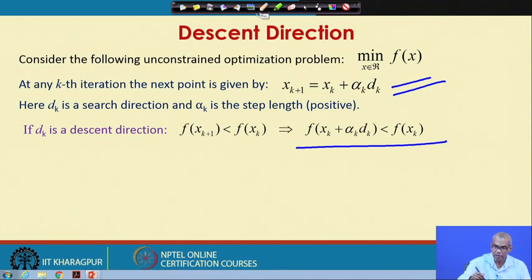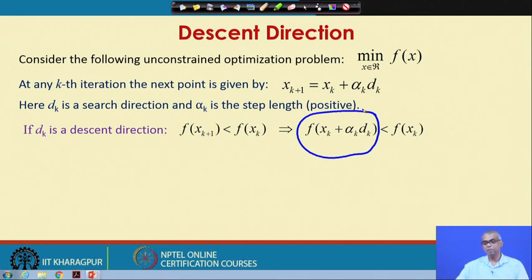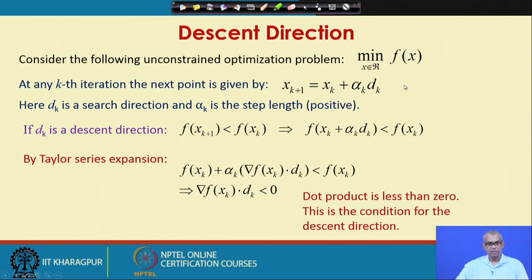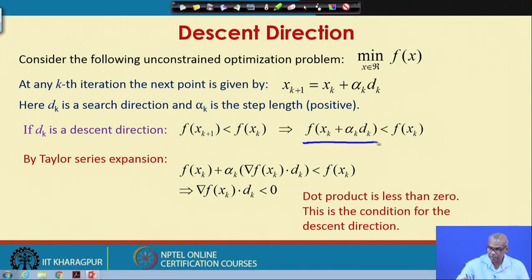Now, I can expand f of x_k plus alpha_k d_k into Taylor series, and if I do that, by Taylor series expansion you can write f of x_k plus alpha_k d_k as f of x_k plus alpha_k into gradient of f at x_k dot d_k.